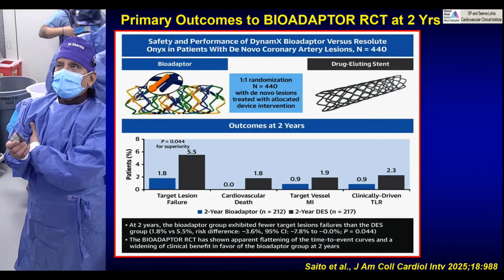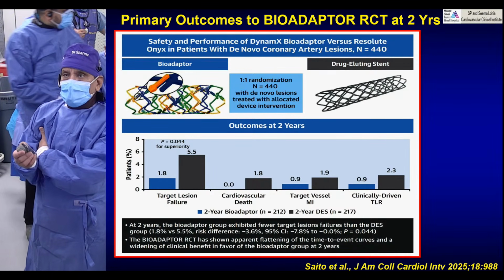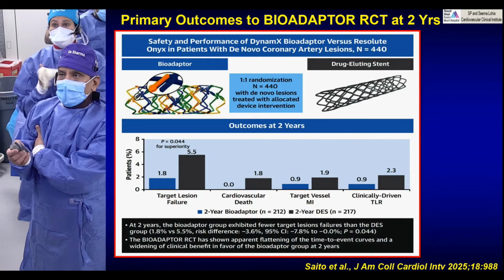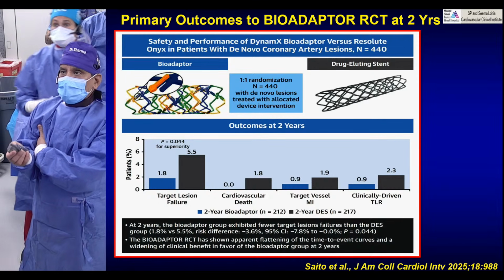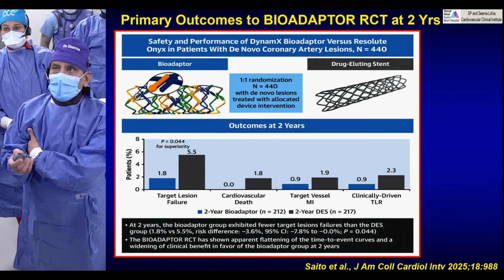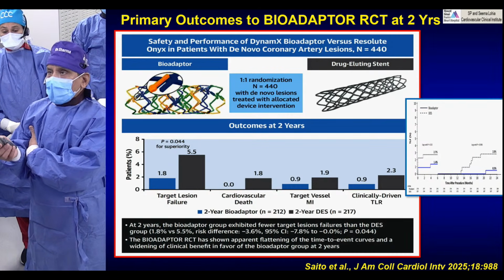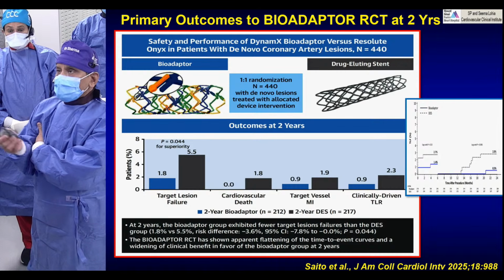So earlier data of the Bioadapter randomized clinical trial at 2 years have shown target lesion failure very low, like 1.8, and target vessel MI and TVR up to 2 years was less than 1%. And what is also interesting is that after 6-8 months, the curve is almost flat.